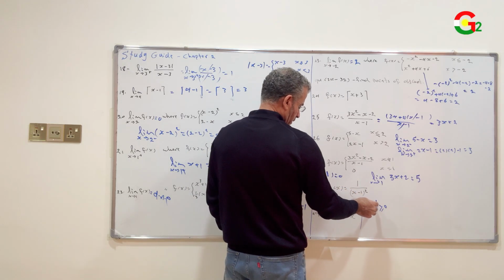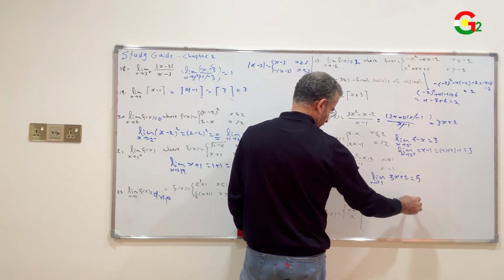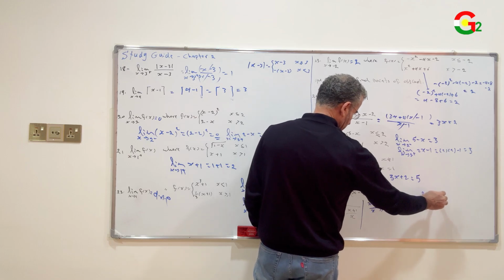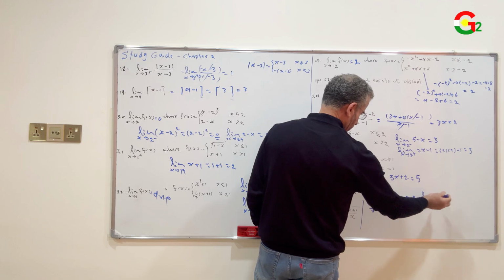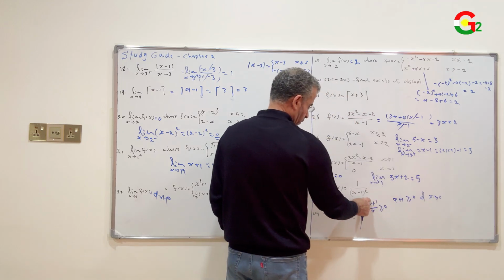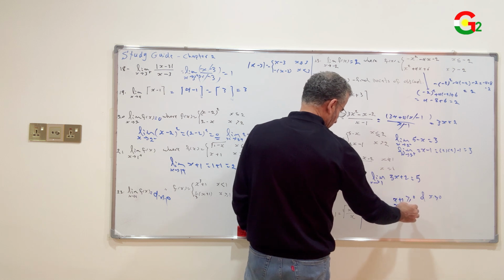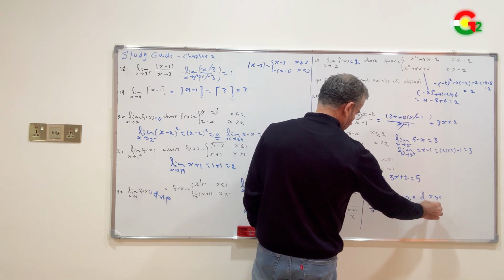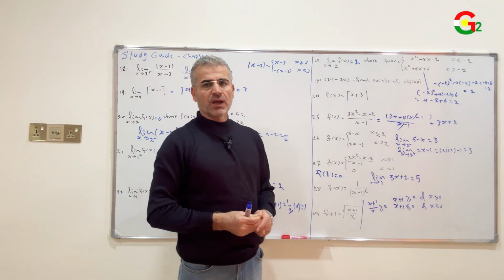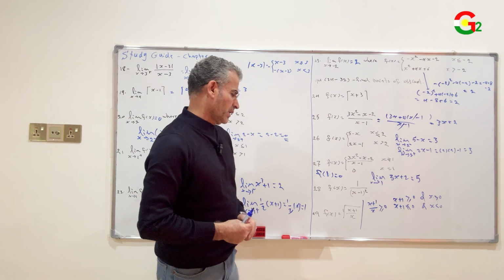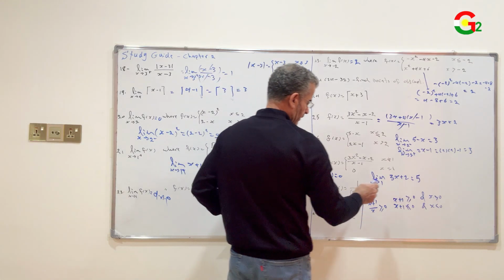Then either x plus 1 greater than or equal to 0 and x also greater than 0, both numerator and denominator positive, or x plus 1 less than or equal to 0 and x also less than 0, when numerator and denominator are both negative. Negative over negative, then we get a positive number.